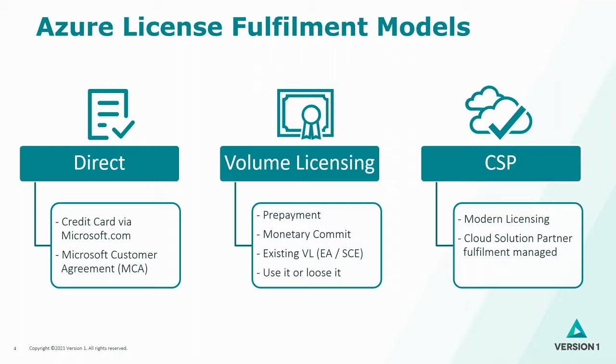That's done on an annualized basis, and it is a use it or lose it type model. So a lot of organizations will want to be careful in terms of how they forecast that requirement. There are some tips and tricks that you can do. You may want to make that prepayment over a 3-year period, which means you've got the total length of the duration of a contract, like an enterprise agreement, to consume that prepayment.